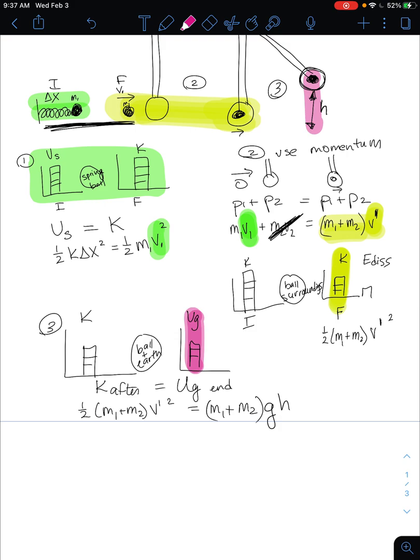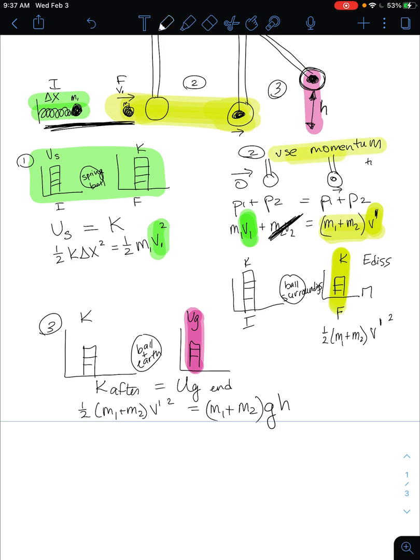We need to instead kind of break it down into steps. Energy stays conserved as long as there's not an outside force, as long as there's not a collision, as long as nothing is dissipating it. So in the beginning in green, the energy stays constant. During momentum, because of that inelastic collision, there's a little energy lost. You're going to use momentum during that collision in order to solve for your new speed.